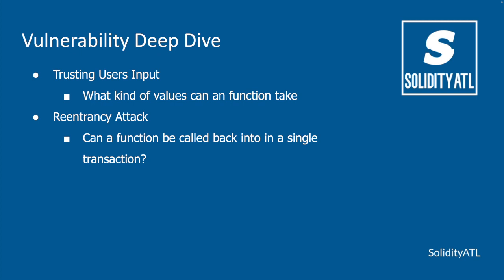I like to think of this slightly separately, where input validation is that there are some preconditions for logic you want the code to run, whereas trusting user input could be something like, we assume only trusted actors can call this method, or we assume only this contract or internal things can call this method, and that not being the case. Or it could be a case of forgetting that anybody can call something.